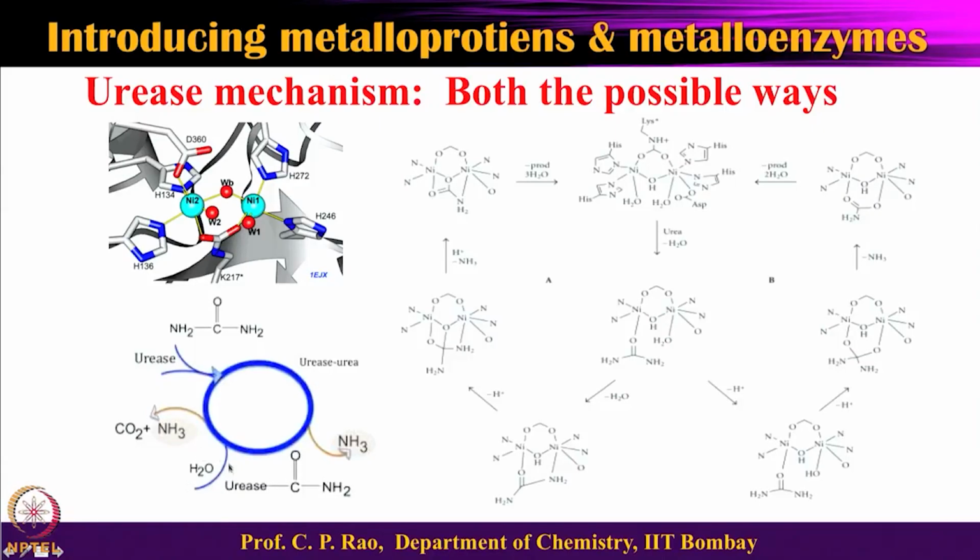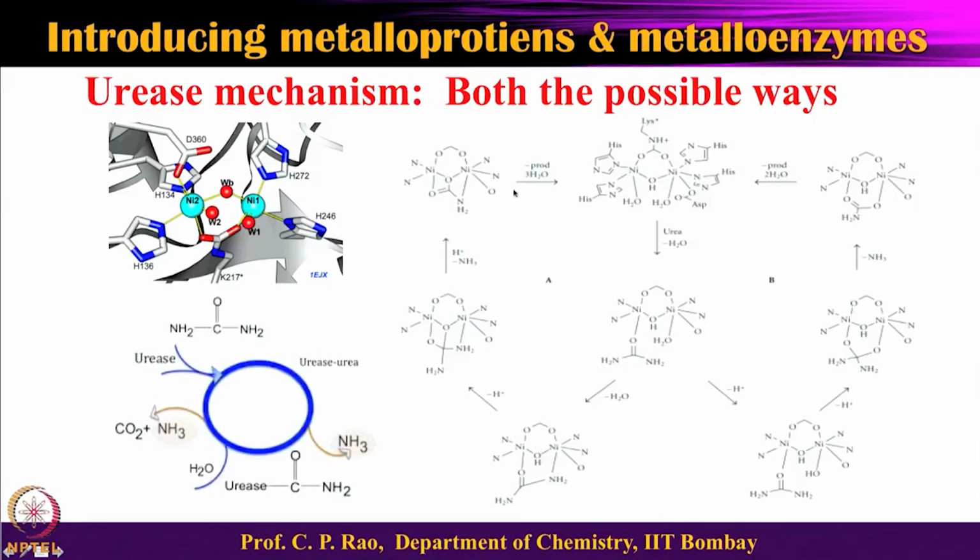This upon further water reaction will again give back ammonia and H2CO3, or if it is only one water molecule, then you have the CO2, and then this will reverse back to that.